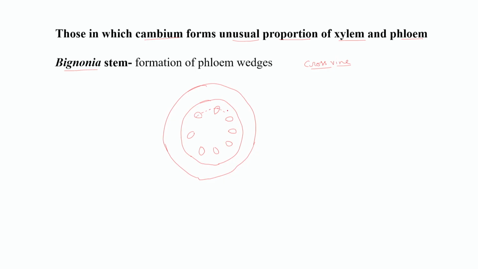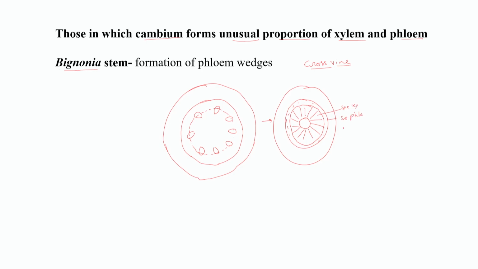The intrafascicular cambium and interfascicular cambium will join together and form a ring-like structure. They will form secondary xylem and secondary phloem. Suppose this is the region, they are normally cutting secondary xylem, and phloem also they are forming. This is the secondary phloem.